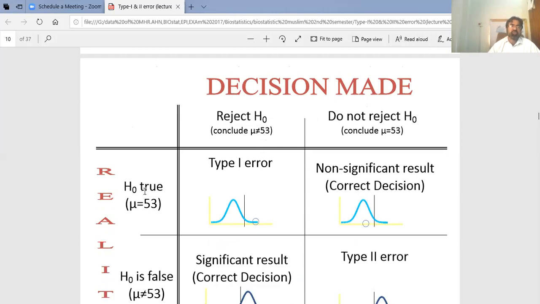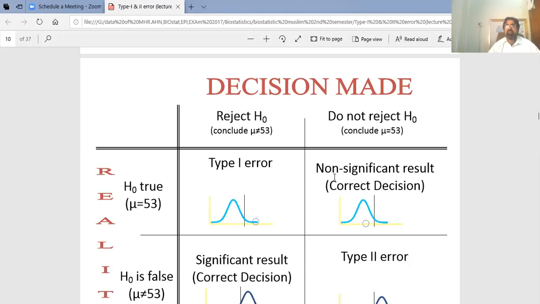So H0 was true, mu equal to 53, and your conclusion was mu not equal to 53 when it was really equal to 53. You reject this, and you committed a type 1 error.